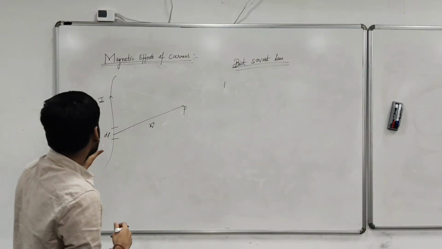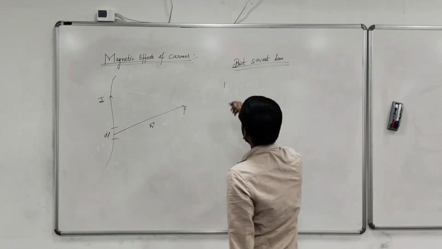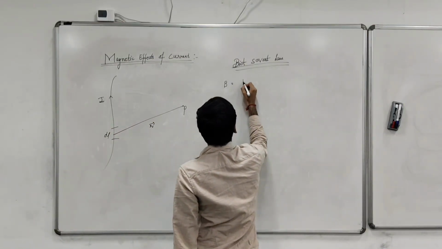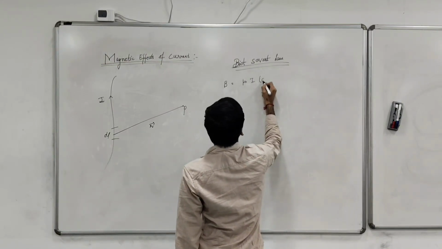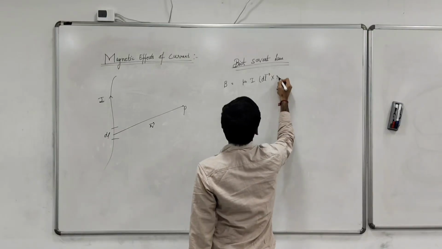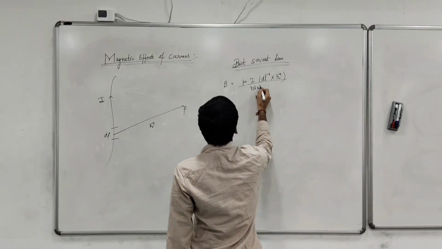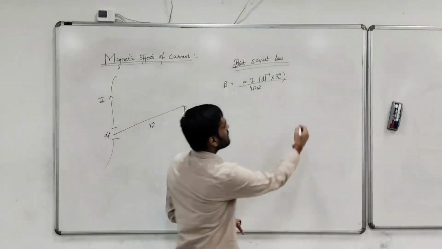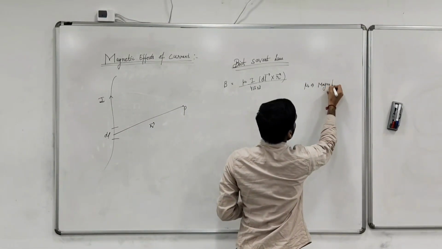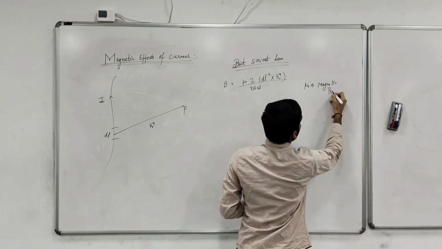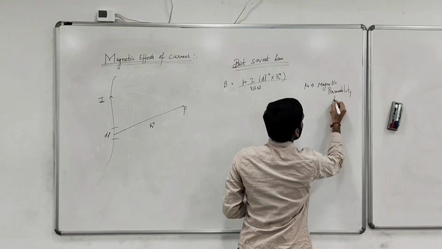So the magnetic field produced by this current element at point P is given as mu naught I dl cross R over 4 pi R cubed. Mu naught is the magnetic permeability of free space.